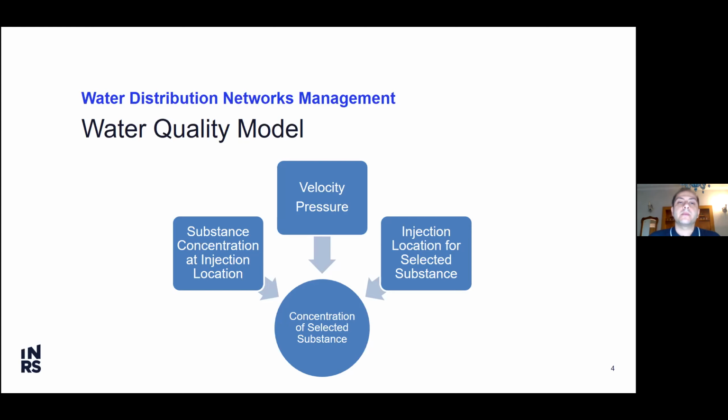So in conclusion, we can say that water distribution network management needs two tools, the hydraulic model and the water quality model, to control and manage the network according to hydraulic parameters like pressure, or according to quality parameters like the concentration of chlorine.